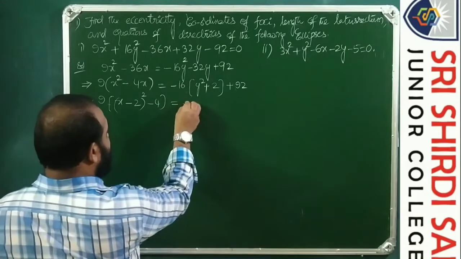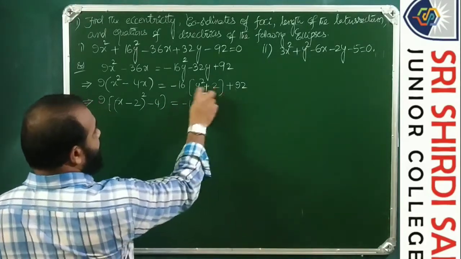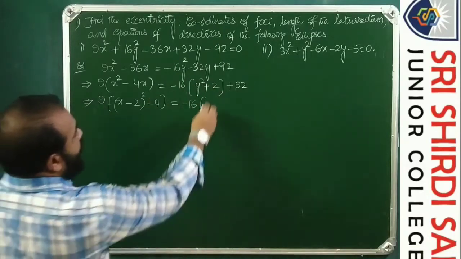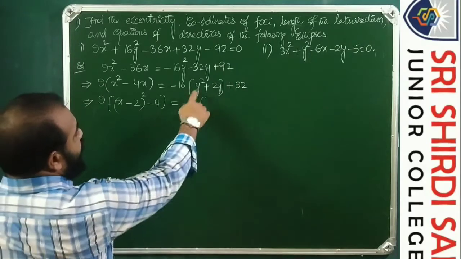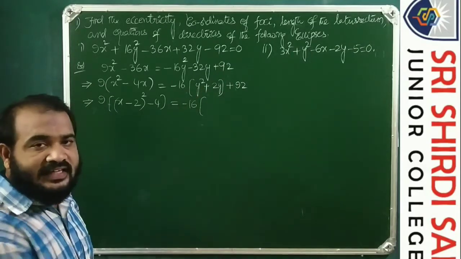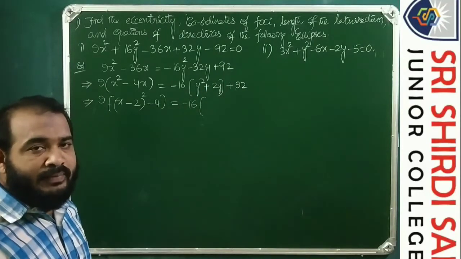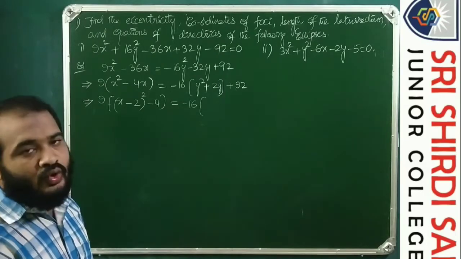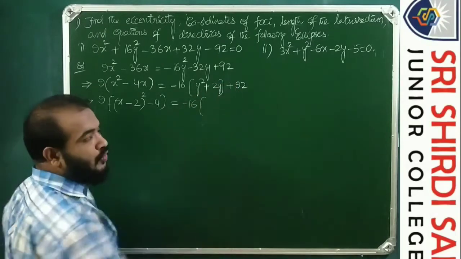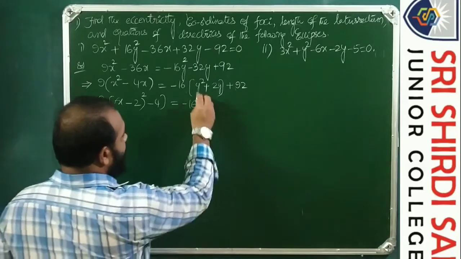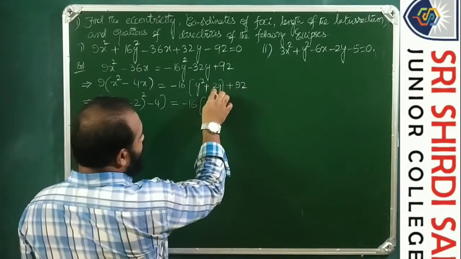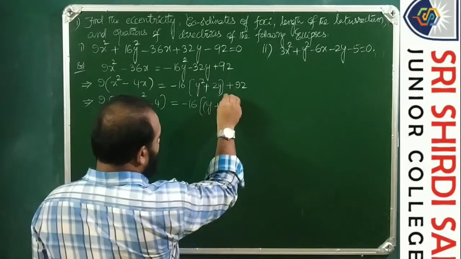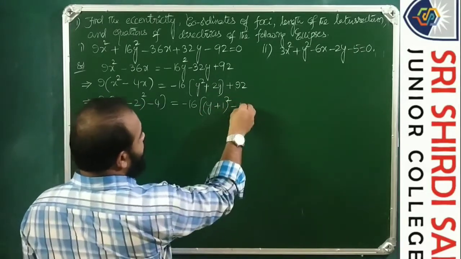Here this is equals to −16 into y² + 2y, express it as (y + 2) whole square form. This is (a + b) whole square. If you express it, this is (y + 1) whole square minus 1 squared, which is 1.